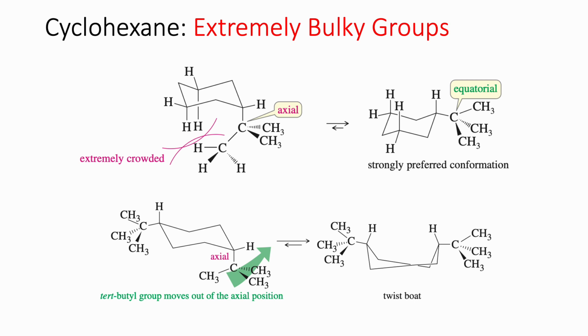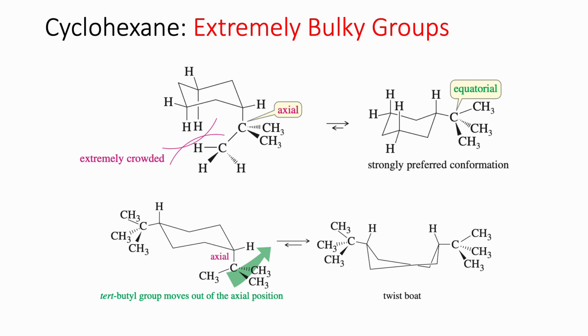So sometimes we say that a tert-butyl group locks the conformation. If there's a tert-butyl group, it doesn't really matter how many other groups are axial, because that tert-butyl group must be equatorial.